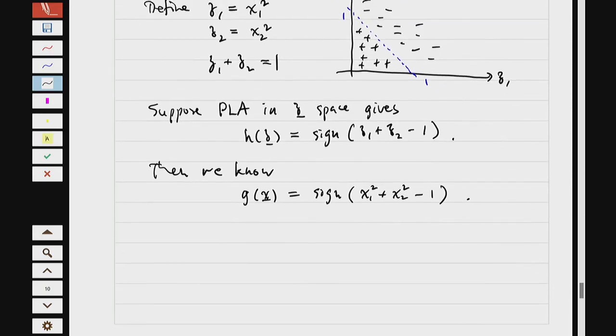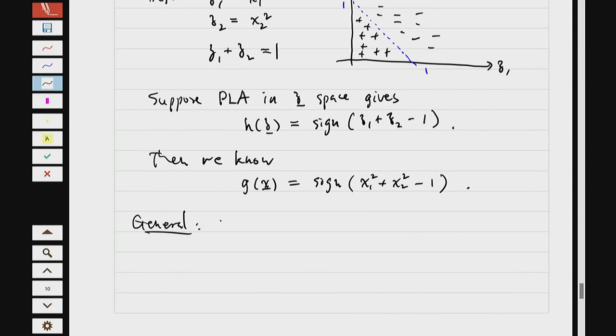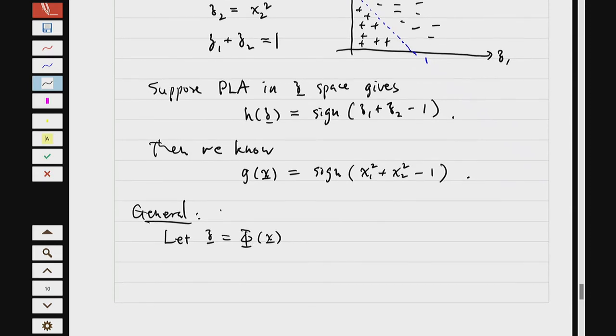So in general, we can always do this. We design a new mapping from the X space to the Z space by a mapping function called phi.